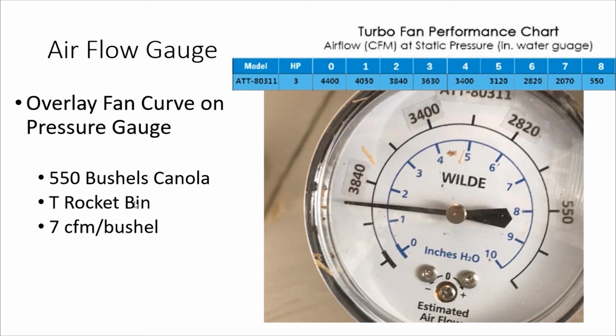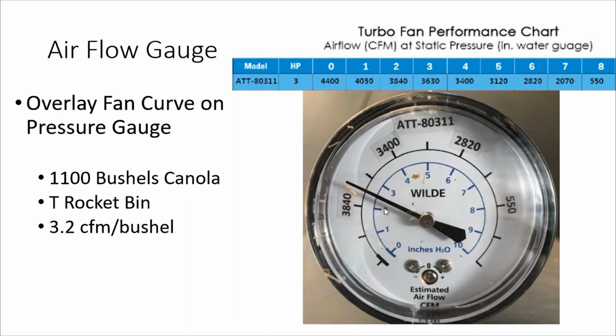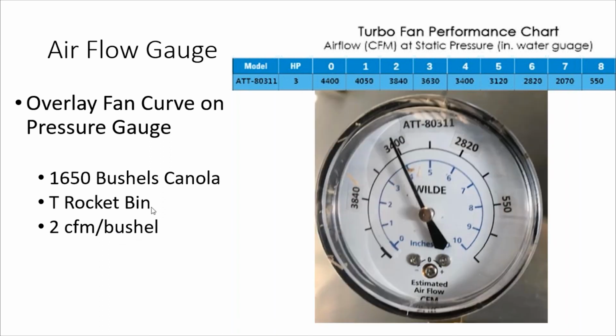We're going to add another load. You can see our inches of water bumped up to about 2.5 inches of water, and that is a little less than 3,800, so we're looking at 3,600 maybe CFM, and that's about 3.2 CFM per bushel with 2 loads. And again, very good airflow.